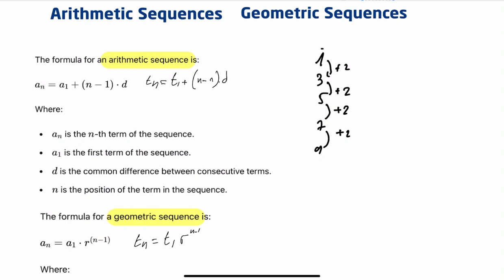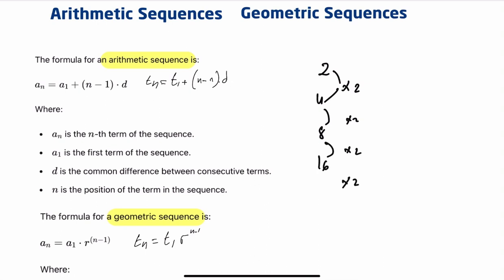Now imagine instead of adding, you are multiplying. So I have 2 times 2, which will give me 4, times 2, which will give me 8, times 2, which will give me 16, times 2, which will give me 32.